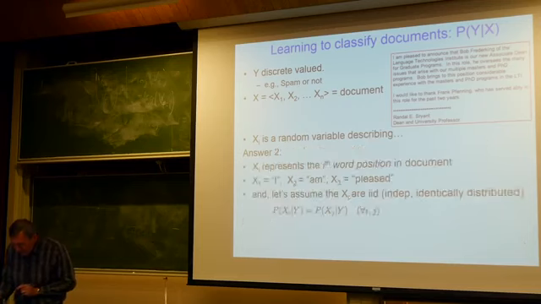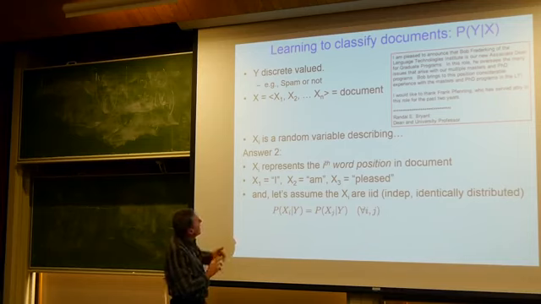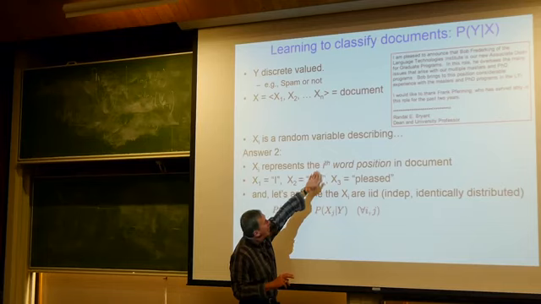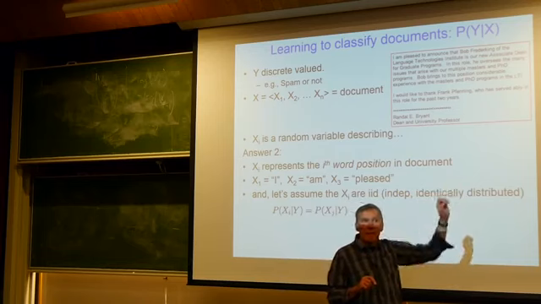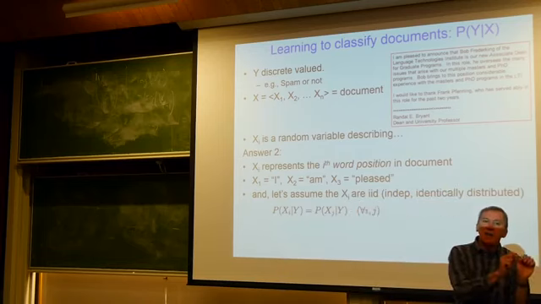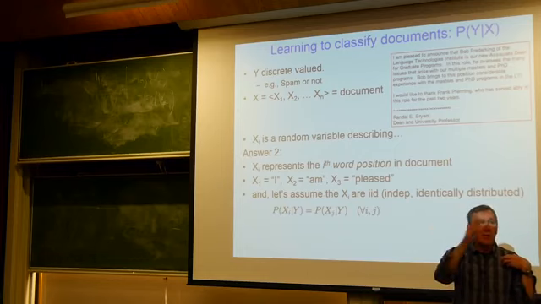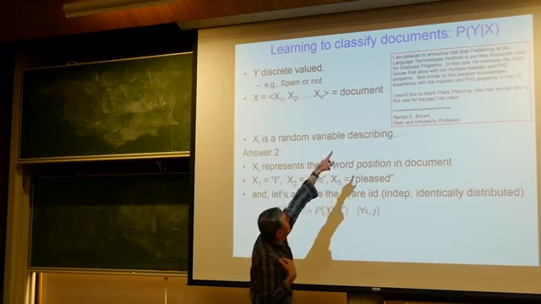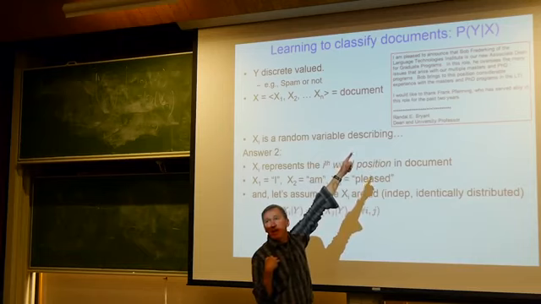Here's a different framing of it. We could instead say that x sub i is a random variable that represents the value of the word that's in position i in the document. So instead of saying we'll have an x sub i for every word in the vocabulary, with a value of 1 or 0, we could instead put a random variable whose value is whatever word exists in the first position in the document.